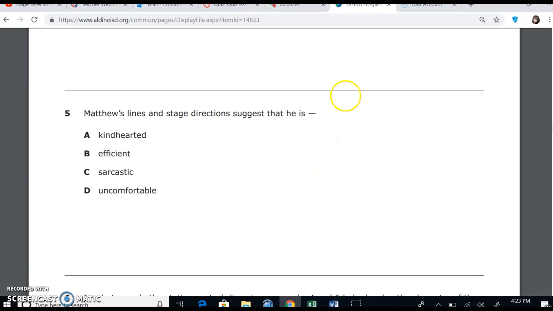Number 5, put an asterisk next to it. It is going to take you a little bit longer just because you're going to have to go back. Matthew's lines, his lines, what he was saying, and the stage directions. The stage directions suggest that he is. So you will have to go back.